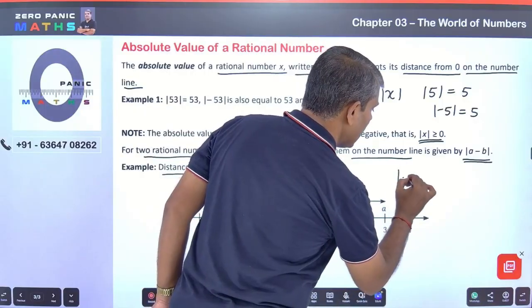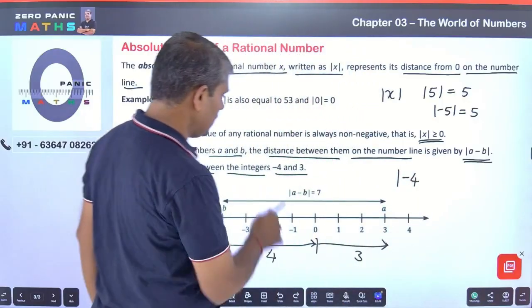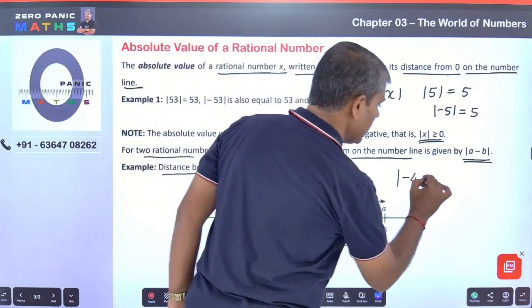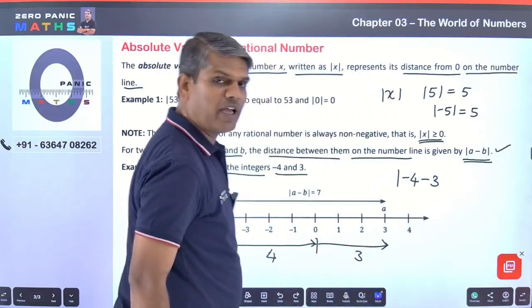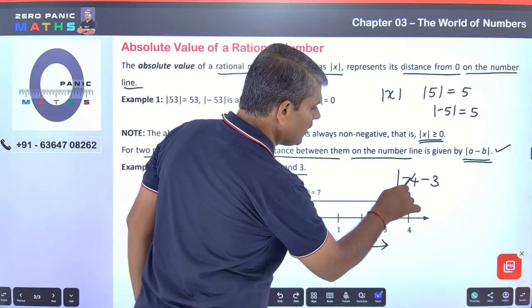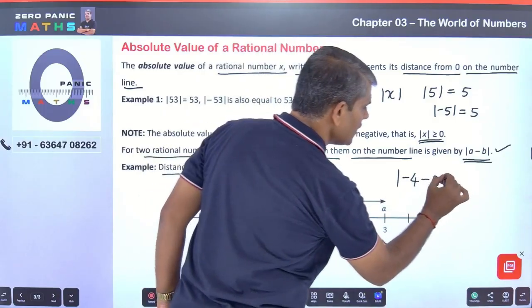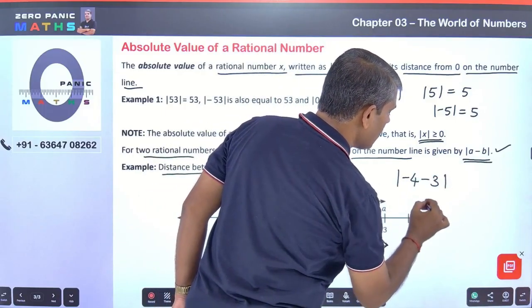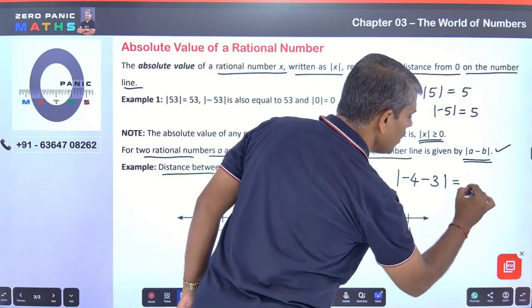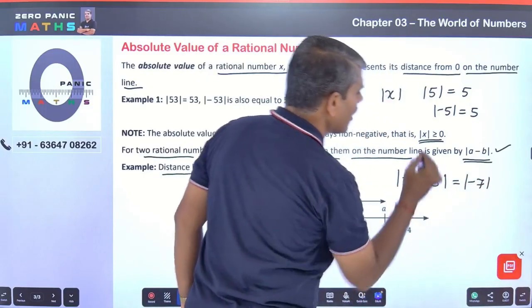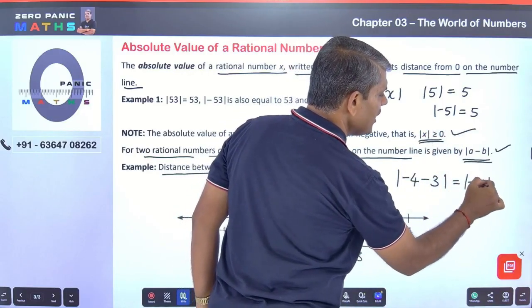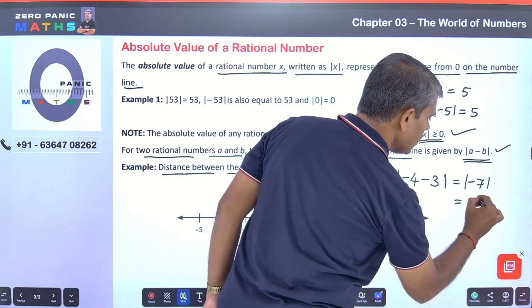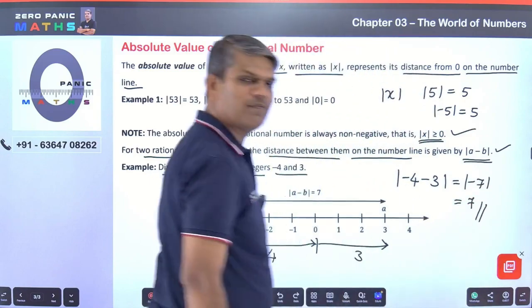Or mathematically, what is a? They are saying minus 4. So a is minus 4, and b is 3, and the distance is a minus b. So I've taken minus 4 minus 3, which is equal to minus 7. According to this rule, absolute of x, whatever x may be, always gives you the positive value, so that is 7.